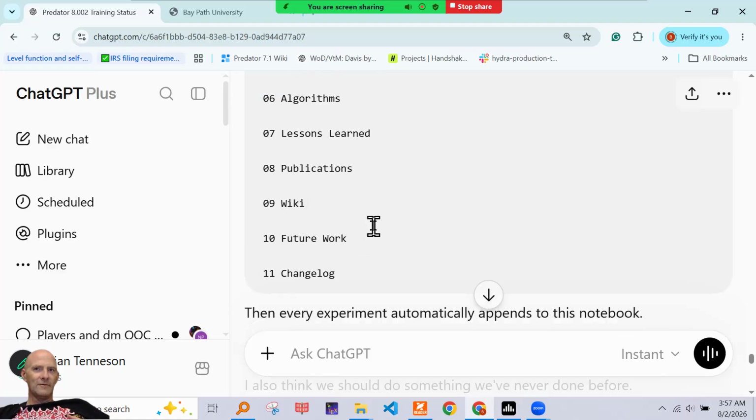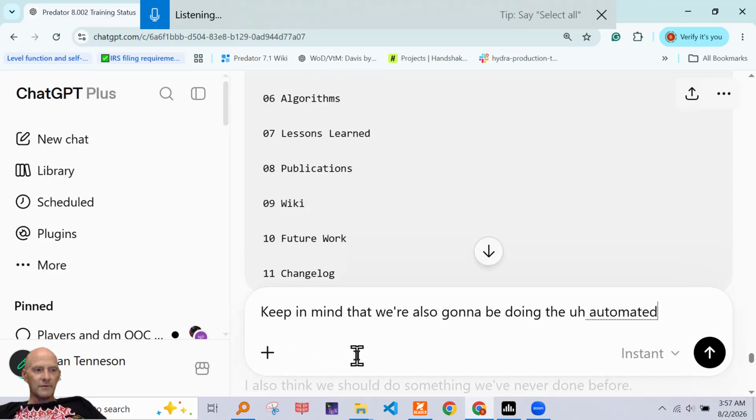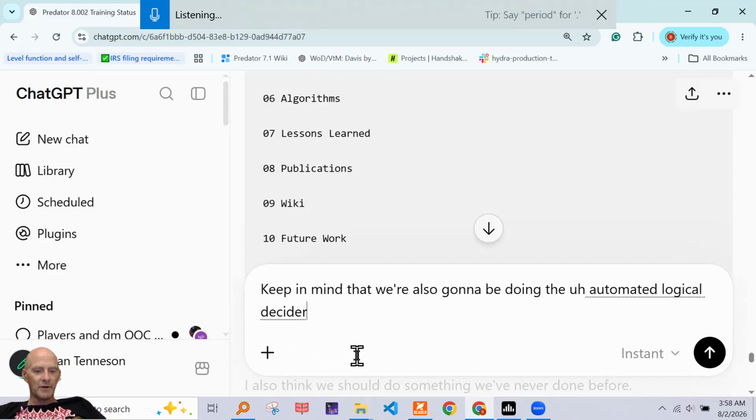Also, keep in mind that we're also going to be doing the automated logical decider for this project too.